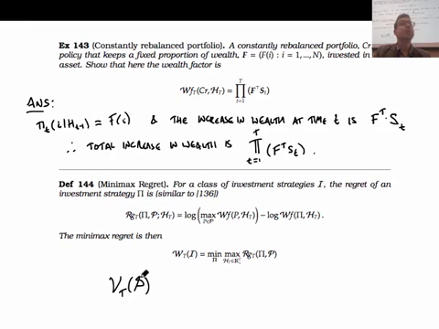And the main result we're going to prove is that for constantly rebalanced portfolios, the investment problem is exactly as difficult as the prediction problem. The investment problem seems like a harder problem because you've not just got one winner that determines everything. You've got several winners and you've got to balance between these. So it's not just yes or no, it's a bit more complicated because you've got averages between the different ones that can occur.